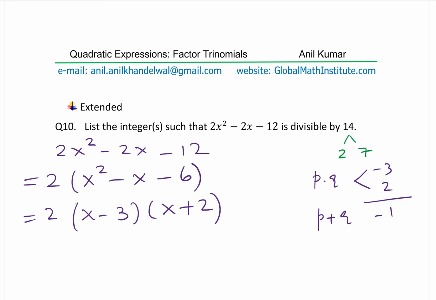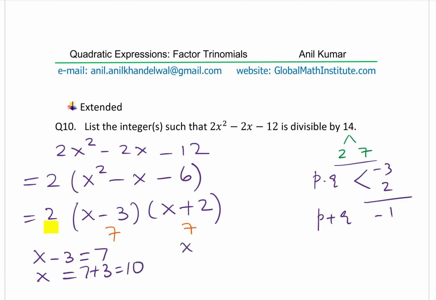Since we're looking for divisibility by 14, we're looking for two factors, 2 and 7. We already have 2 with us, clear? So we are only now looking for 7. So we can equate this to 7 and find possible values of x. So we can write x minus 3 equals 7, which will give us x equals 7 plus 3, which is 10.